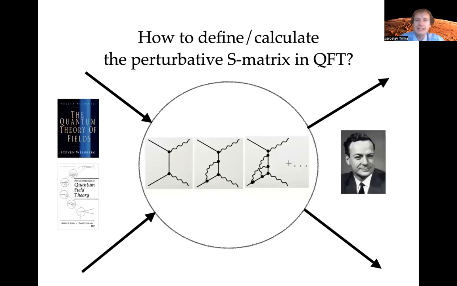And of course, there is a standard definition of scattering amplitudes using Feynman diagrams, and that's in every QFT textbook. So if you have some process, you should just take the Lagrangian, derive Feynman rules, draw Feynman diagrams, sum all of them, and that's the result for the amplitude.